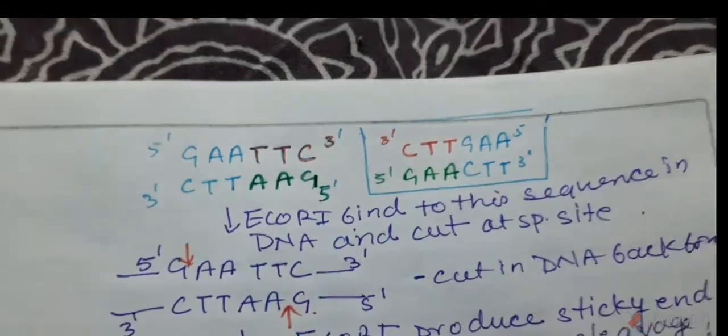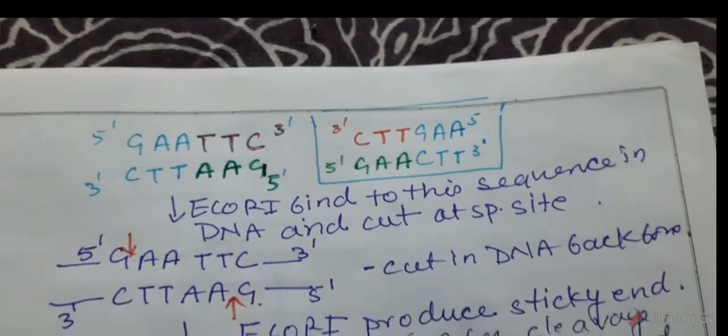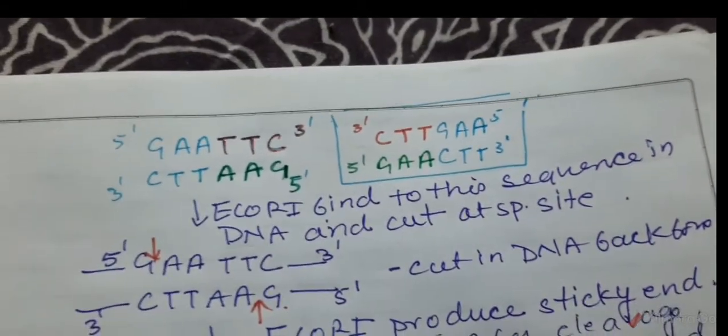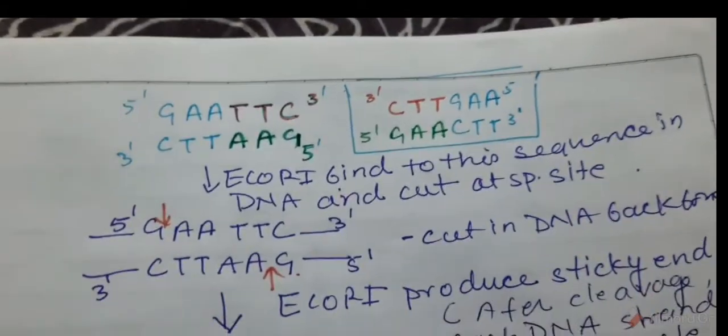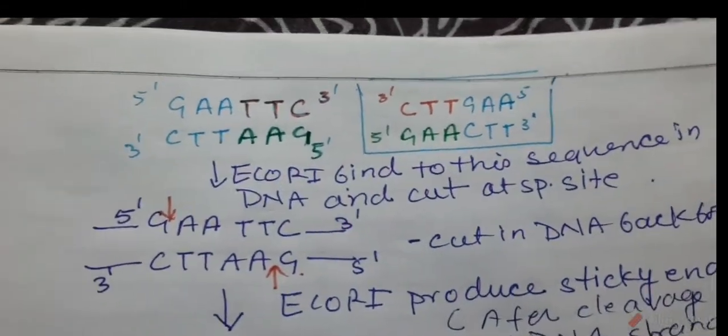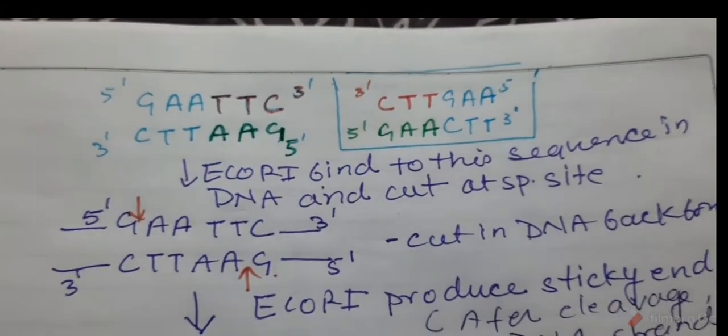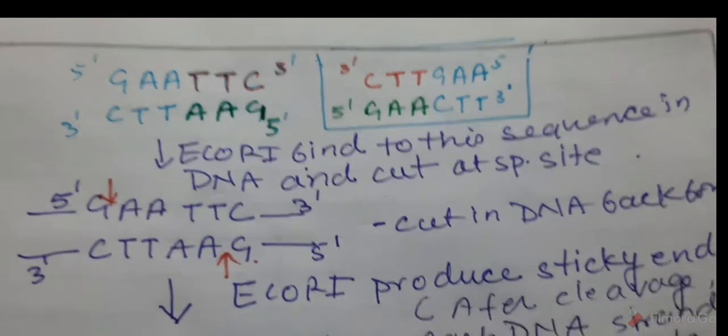So this is called an inverted repeat, which occurs in both strands of DNA. Whenever such sequences are present, they are called palindromes, and restriction endonucleases act on the palindromes.